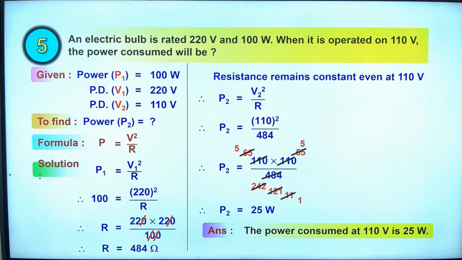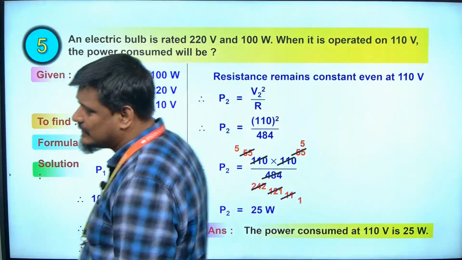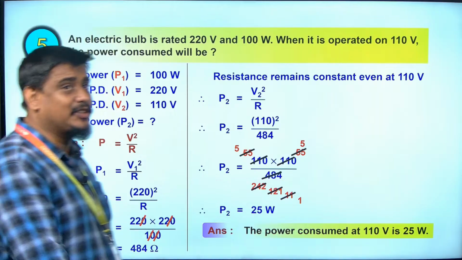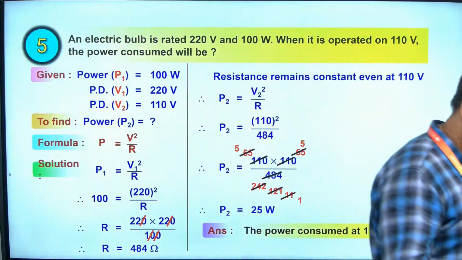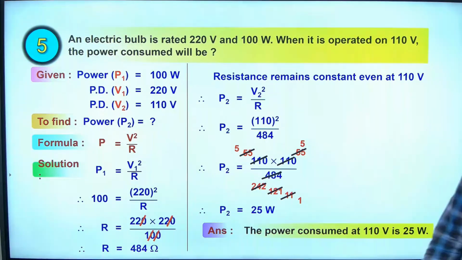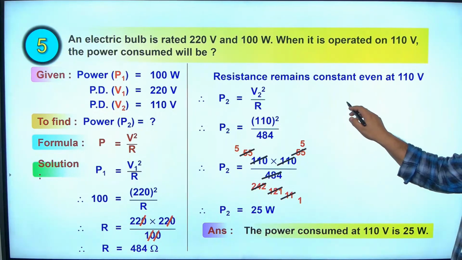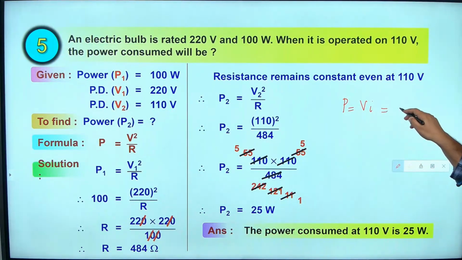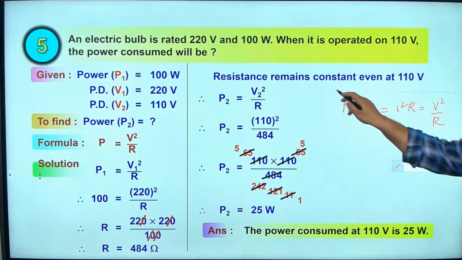See. Okay, yes. This can be confusing. Let us understand this question. Guys, once again. In this case, we have to take a decision whether P is equal to VI, P is equal to I square R, or P is equal to V square by R. We have three formulas, isn't it?